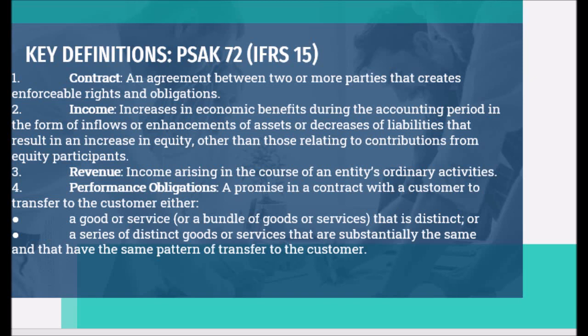The third is revenue. Revenue is income arising in the course of an entity's ordinary activities. The fourth is performance obligation, a promise in a contract with a customer to transfer to the customer either a good or service that is distinct or a series of distinct goods or services that are substantially the same and that have the same pattern of transfer to the customer.